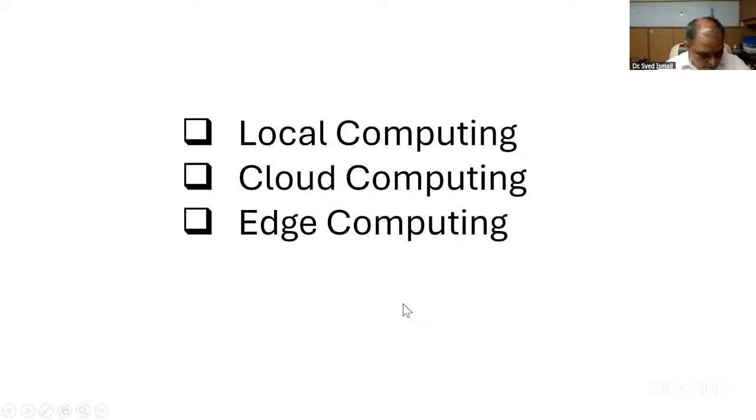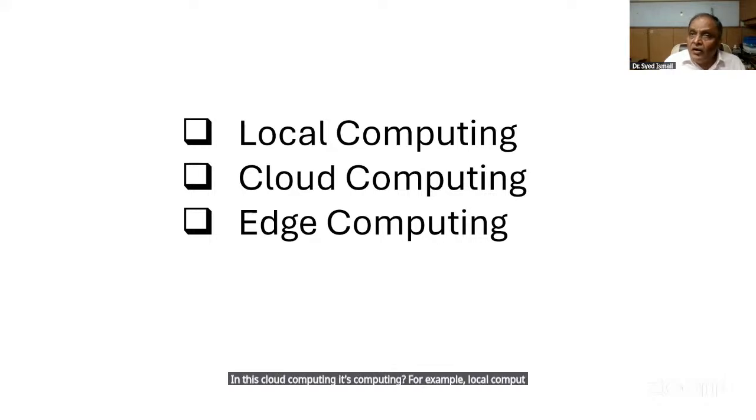Now, you have local computing, cloud computing, and edge computing. Local computing is your desktop or your internal server, your LAN network in your organization, in a hall, on a shop floor, one computer which does all the work.